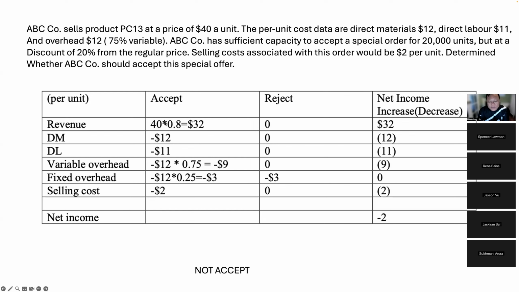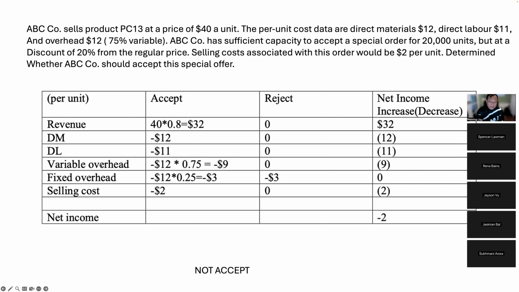So I would multiply by 80%, so the special order price will be 80% of the regular price. $40 times 0.8, so the revenue per unit is 32. However, your direct materials, that's your cost if you accept the order, is negative 12. If you reject the order, there's no cost on direct materials. Labor, negative 11 if accepted, 0 if rejected.